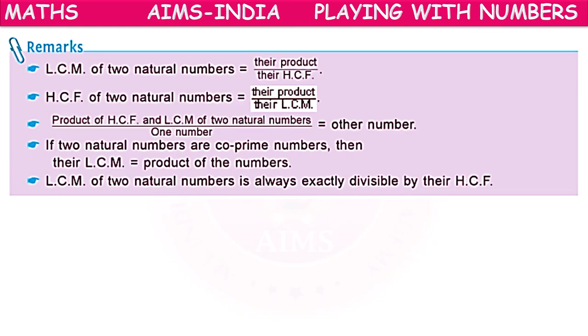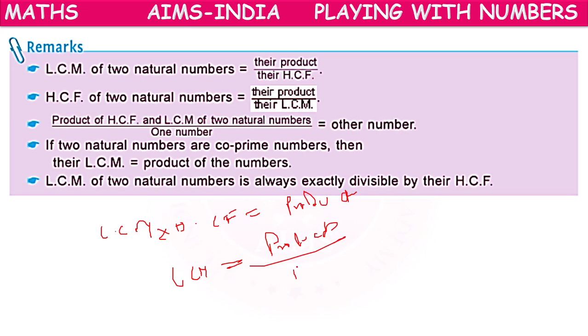Next. Just now we have learned that LCM into HCF is equal to their product. If you want to find only LCM, this HCF will come down, so LCM is product by HCF.